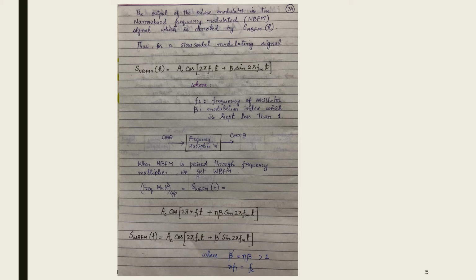Here f1 is the frequency of the oscillator, and β is the modulation index, and since this is a narrowband FM signal, the value of the modulation index will be less than 1.